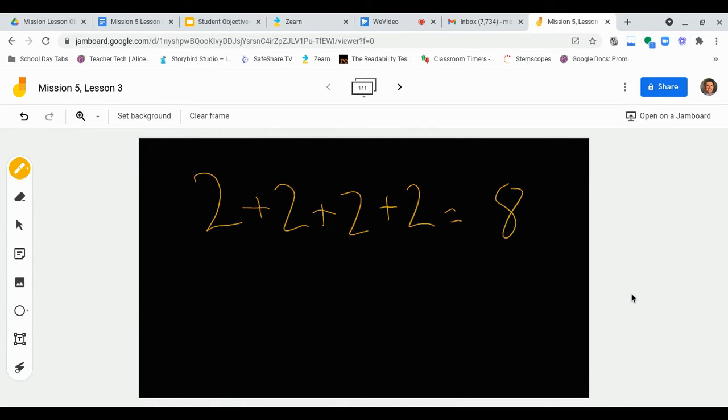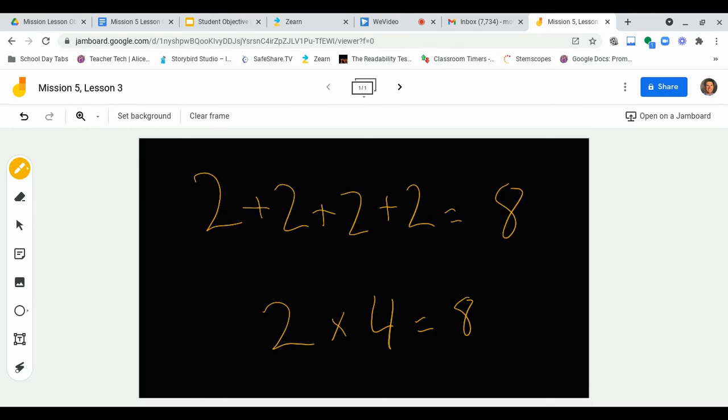How could we rewrite that as a multiplication sentence? Instead of going 2 plus 2 plus 2 plus 2, that is the same as saying 2 times what? Well, it's the same as saying 2 times 1, 2, 3, 4. 2 times 4 equals 8.